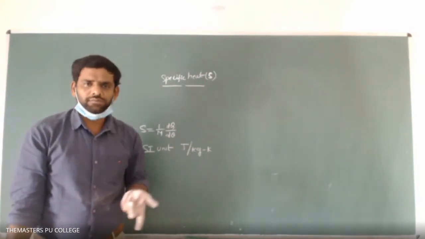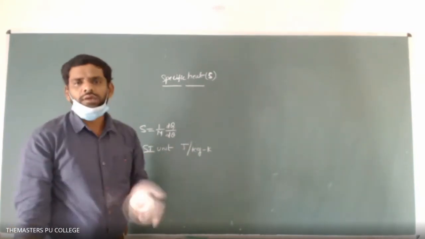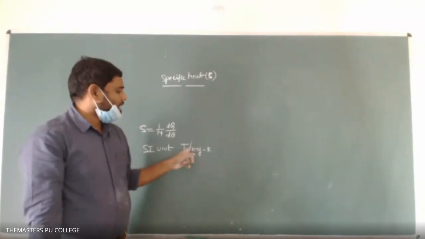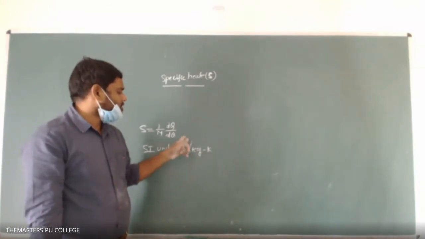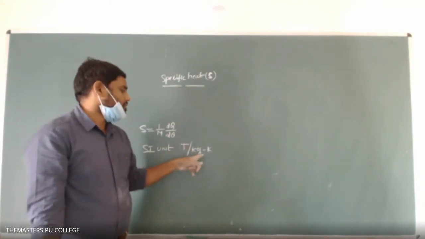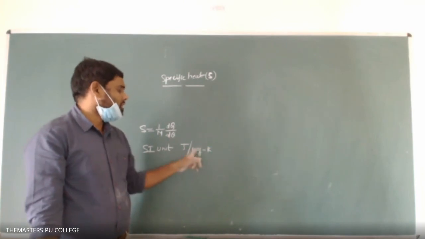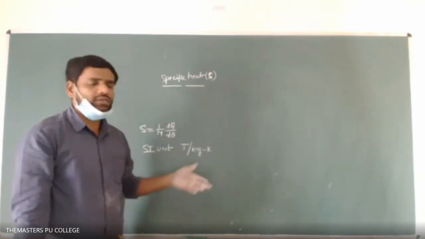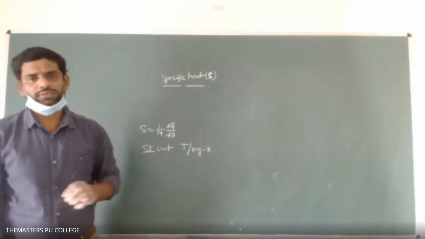Depending upon the situation, instead of kg it can be in grams sometimes, and instead of kelvin it might be centigrade also. So calorie per gram centigrade, it can also be measured like this.